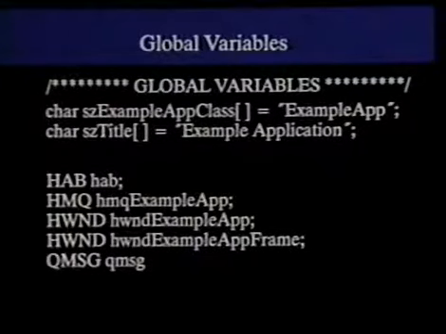We will build a couple of windows. One of them is going to be the client window where we're going to be doing our drawing and doing our work, and another one is going to be a frame around it that will contain the scroll bars and the menu and the system menu and so on. So we'll need handles to those. We will also need to be able to get at the messages that are going to be in the queue, so we'll need a variable to get at that.